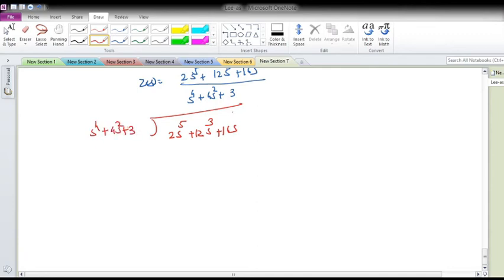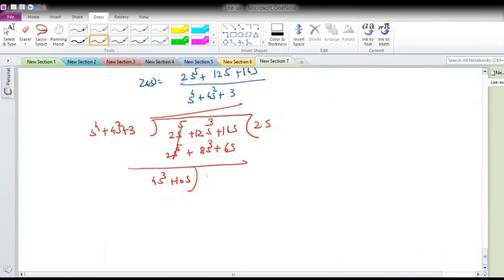Okay, so if you divide, it will be 2s. So it will be 2s raised to 5 plus 8s cube plus 6s. So the remainder, this will vanish. You will get 4s cube plus 10s, and then you take this as a divisor, and this is the dividend, s raised to 4 plus 4s square plus 3.